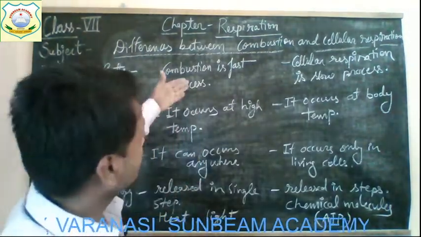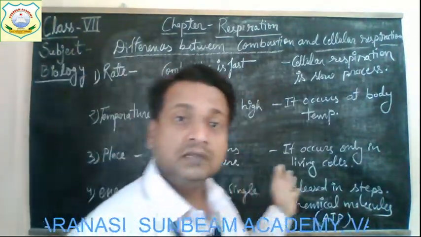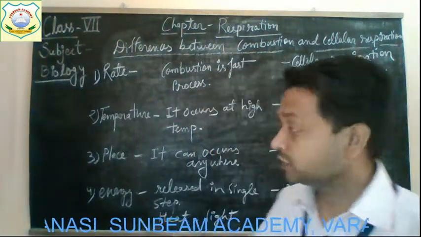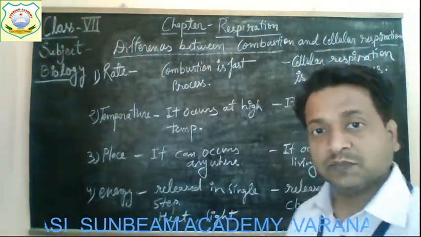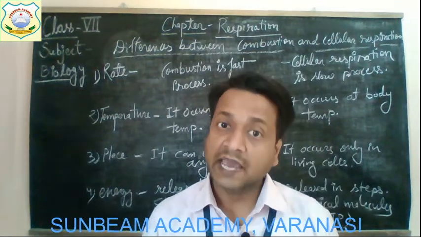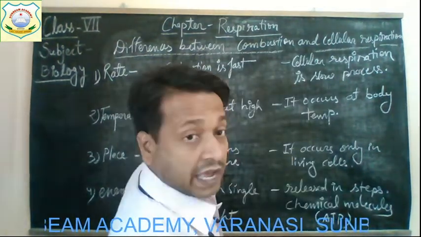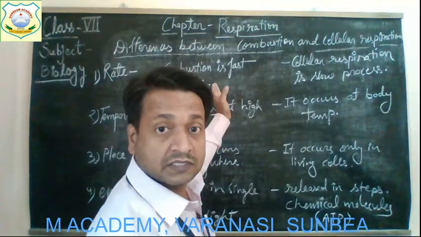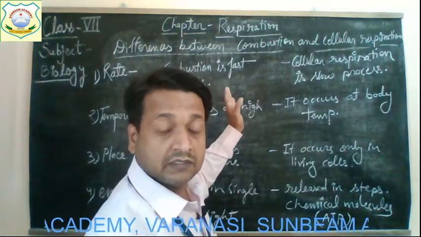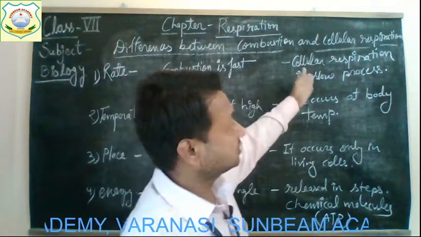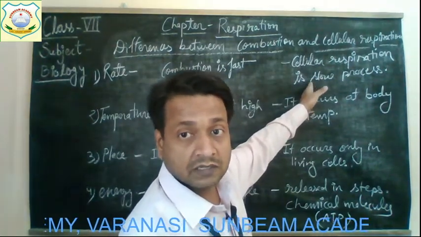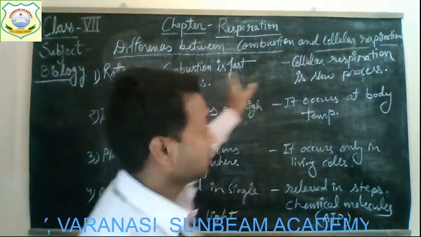Alright, children. So these are certain differences between these two processes, the combustion process and the cellular respiration process. The reactions are the same, but combustion takes place at a fast rate and cellular respiration at a slow rate.